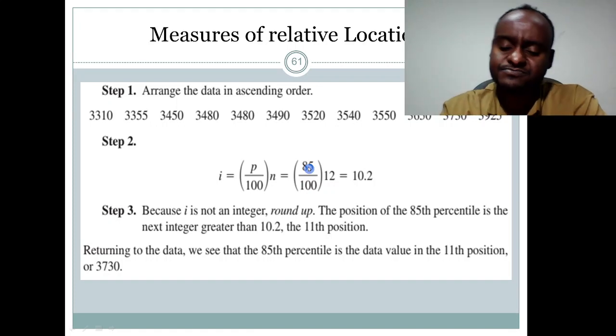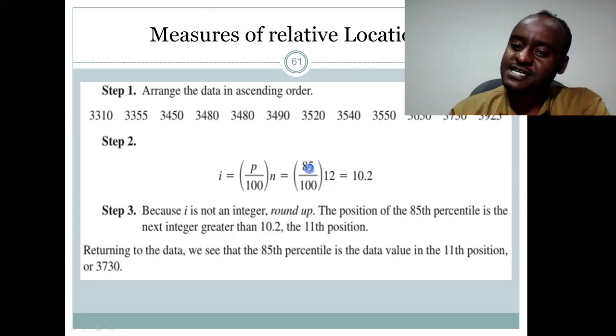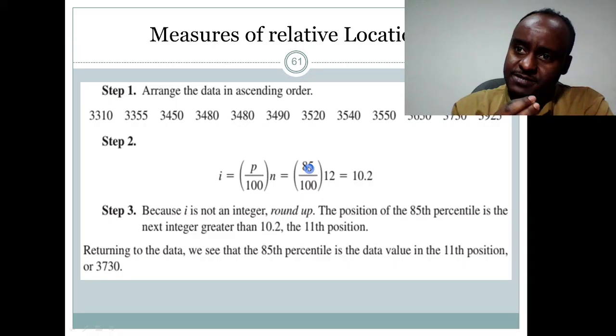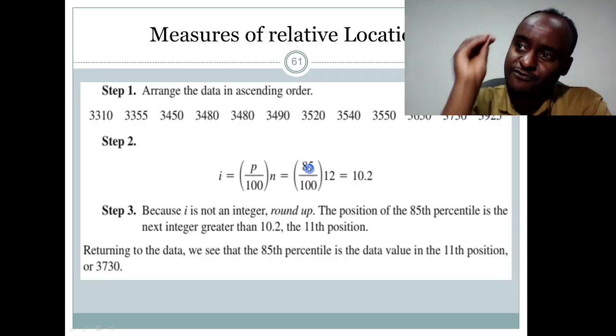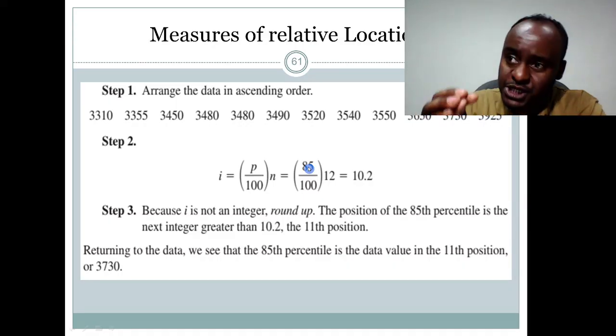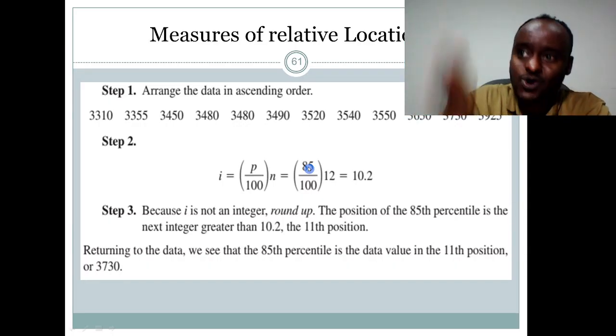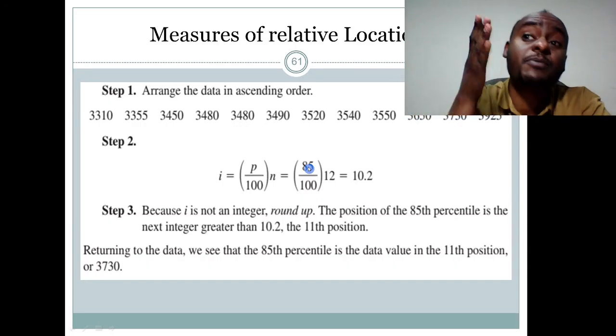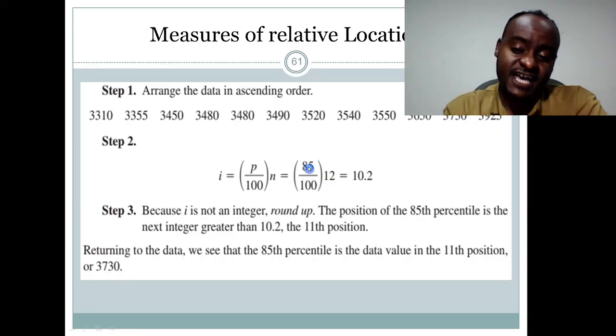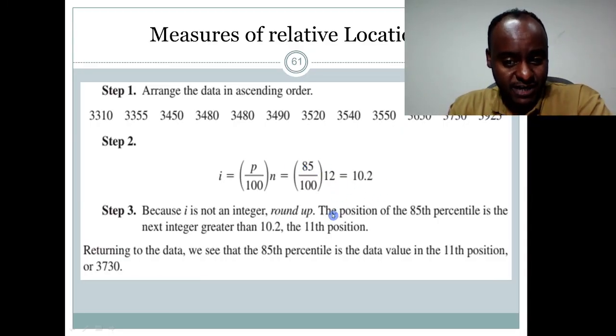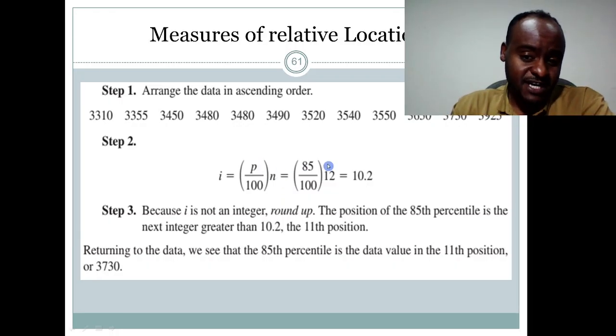The 85th percentile means we want a data value for which 85% of the observations are less than or equal to that data point. Now we calculate it this way. P is 85, and N is 12.